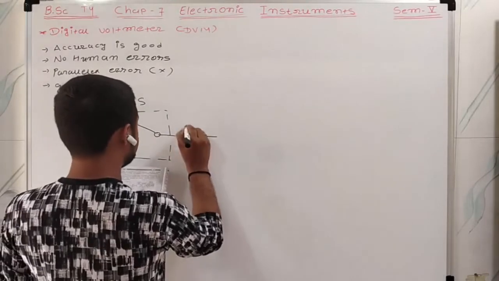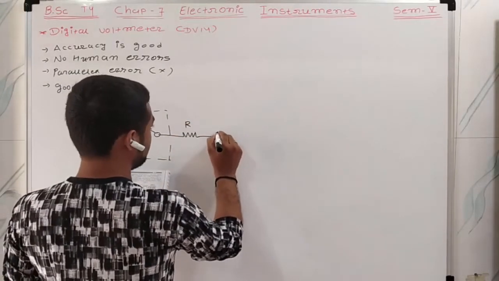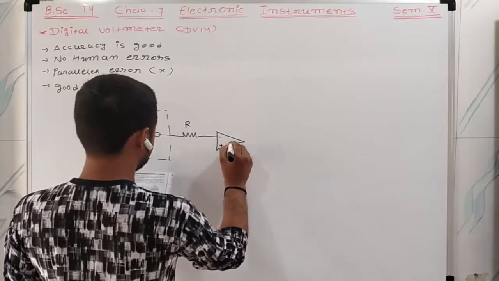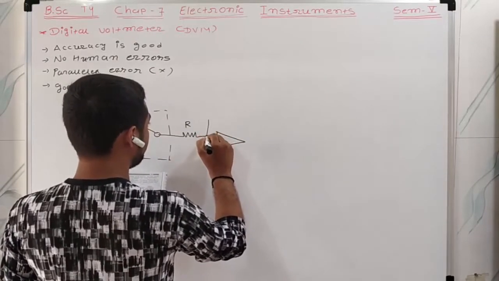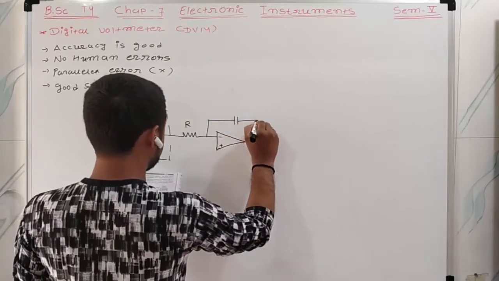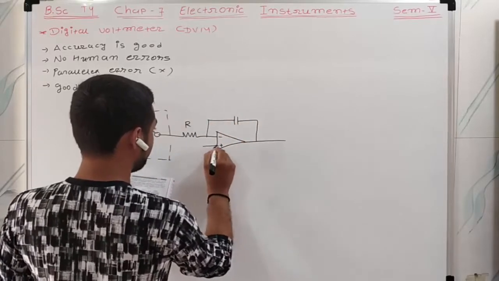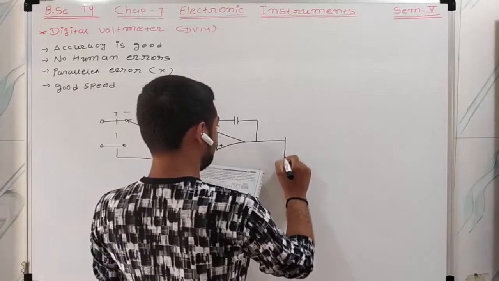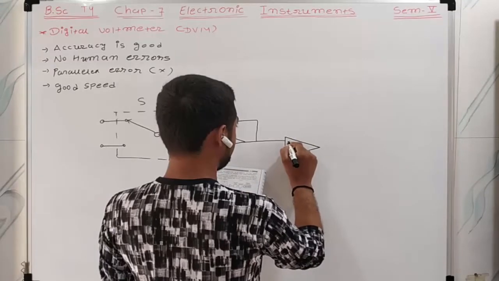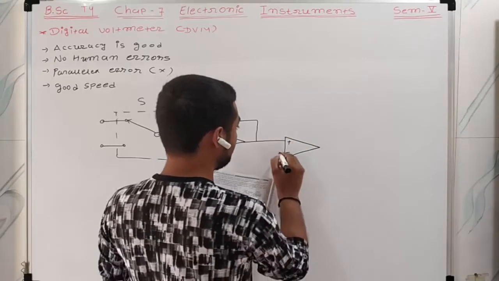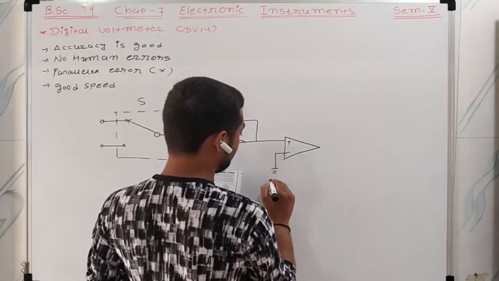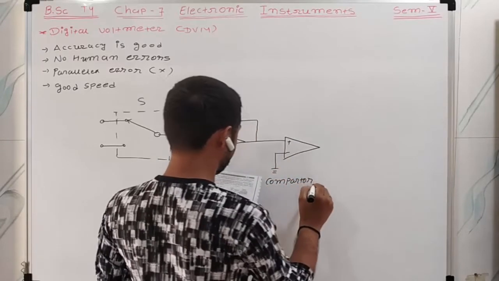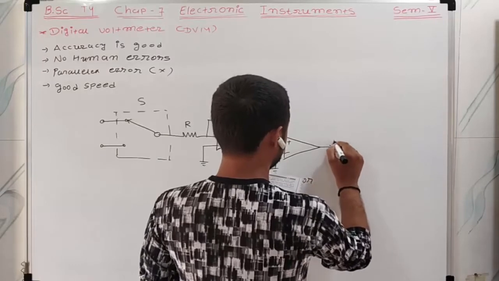This one is resistance R, it is amplifier, it is feedback, or you can say capacitor, its positive is grounded. This one is also an amplifier, but here it is positive negative. It is worked as a comparator.